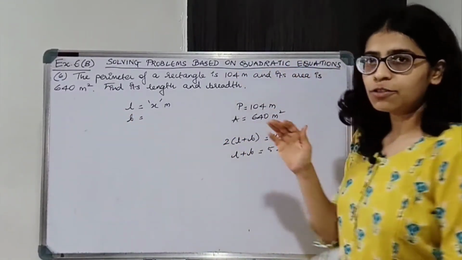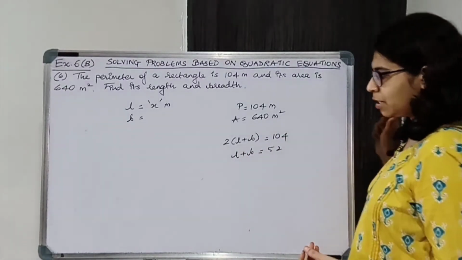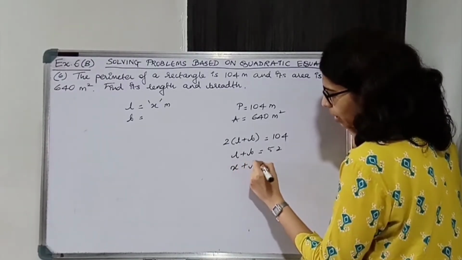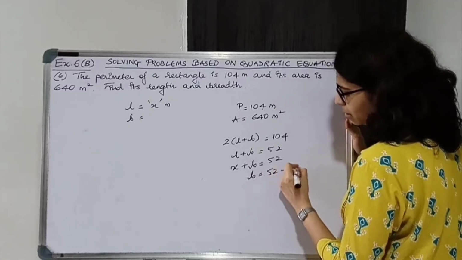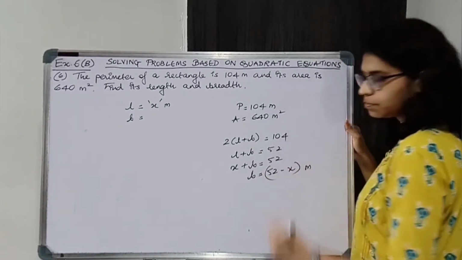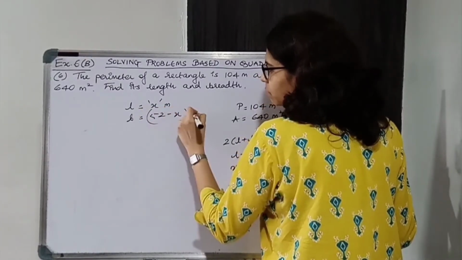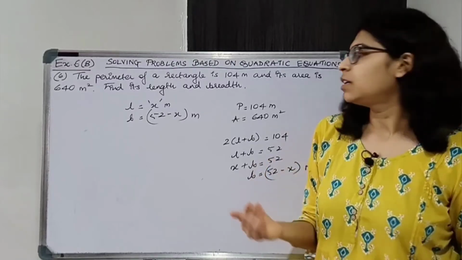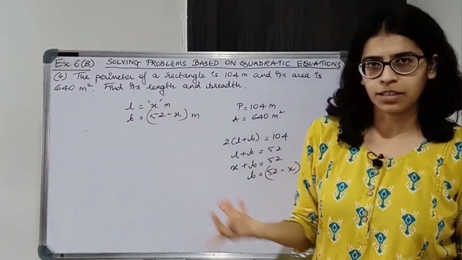Now breadth we have to find in terms of x. So this is the reason we are using this relation. L, which is x, plus B is equal to 52. So I can say B is 52 minus x meter. So we got it. So we use the perimeter condition to find length and breadth. Length we assumed as x, and we found breadth.